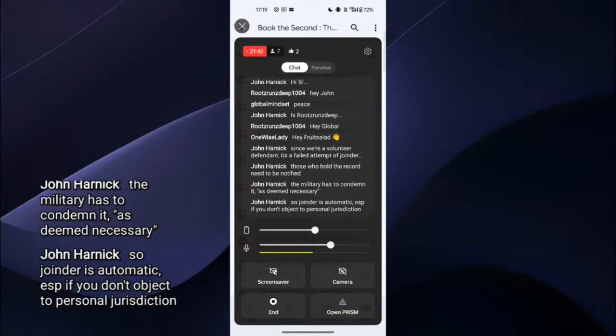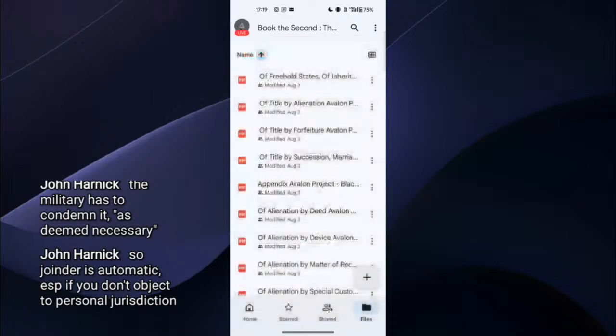So when people are saying, "Oh, that's not me and that's not me," you're still the surety for it, so it doesn't matter until you correct the main issue. Most people are arguing a moot point.